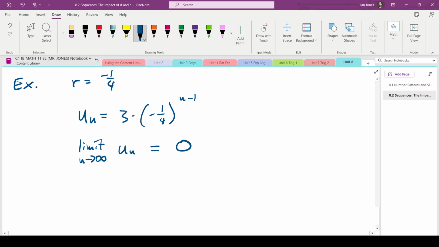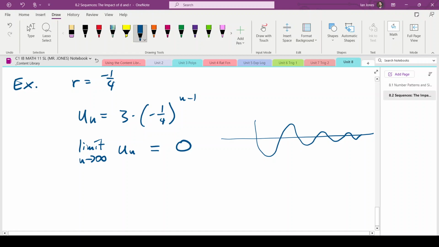This is a sequence, so it's just individual points. But if we had a function, which we could very easily create, that went back and forth like this, it could still have a limit of 0, even though it crosses the x-axis. It is false to say that if you have a limit, it means the graph never crosses the value it has a limit with.